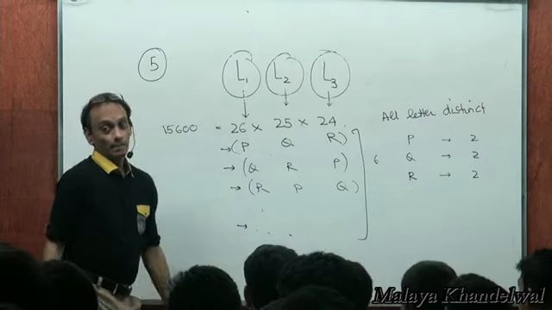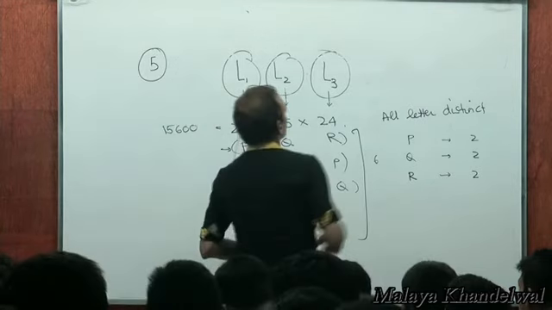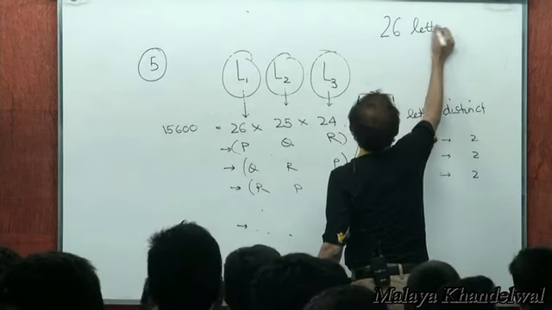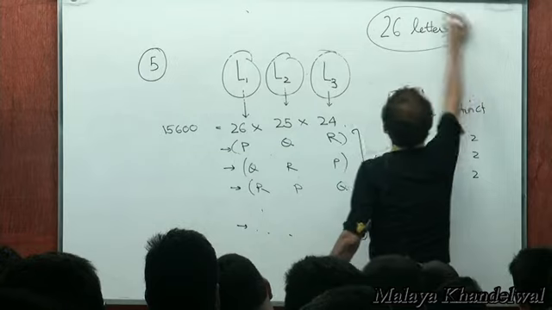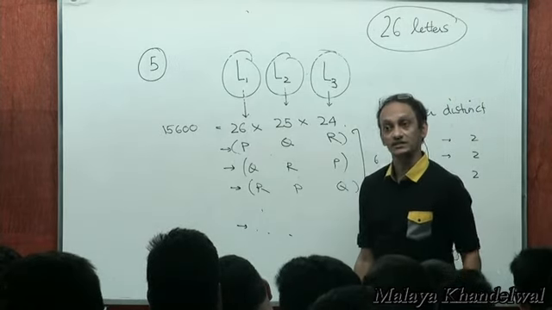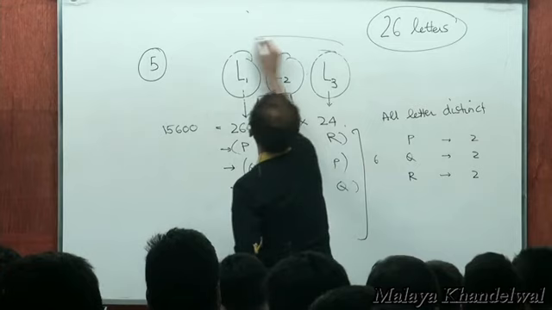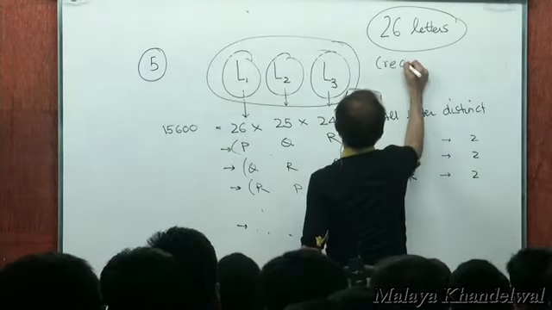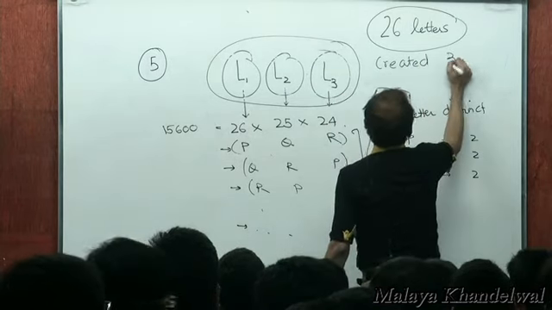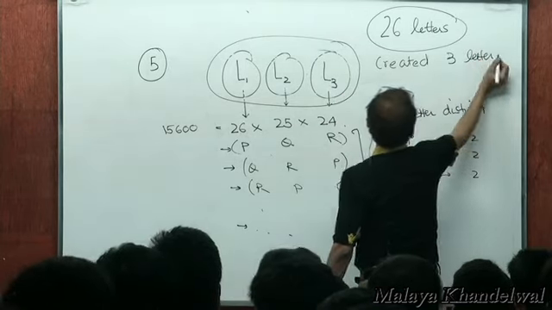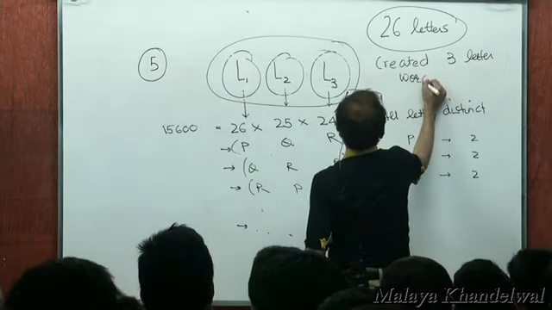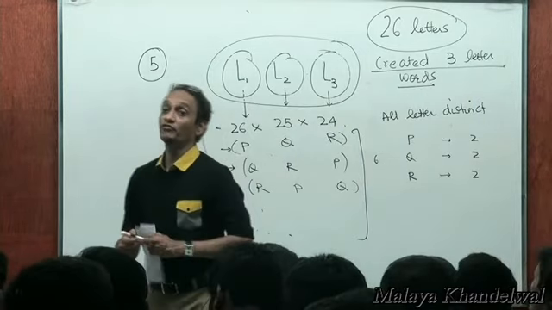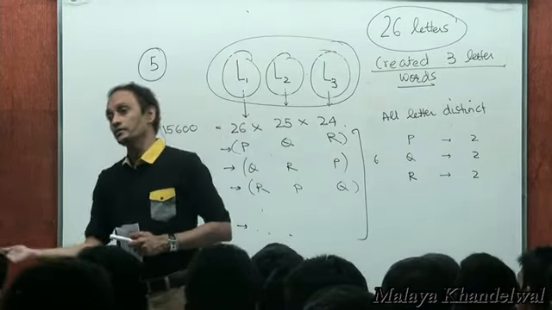See, again, what we started with was 26 letters, right? And what did we do by filling up these spaces? We created 3-letter words. And in a word, the order in which letters come in is important.